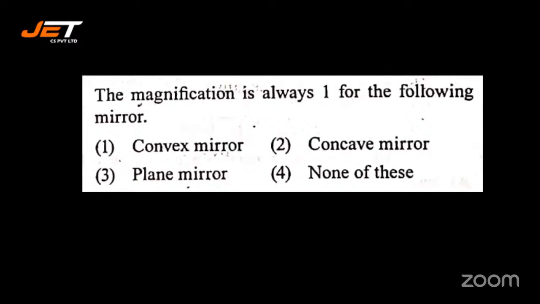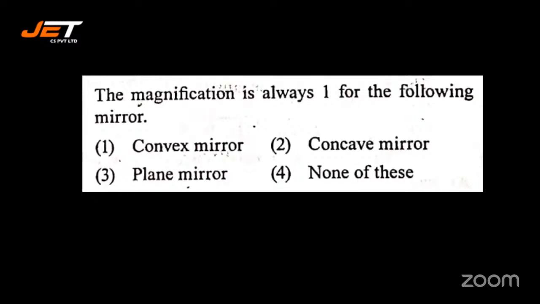Magnification is always 1 for the following mirror: convex mirror, concave mirror, plane mirror, none of these. Students, such questions are very necessary when you target TSRJC and Polycet. We are not just revising the concept, we are also getting ready for competitive exams. The strategy needed for competitive exams is different from usual board exams.